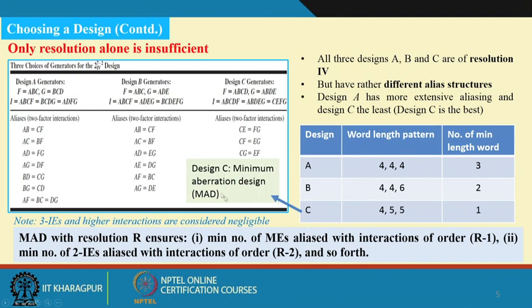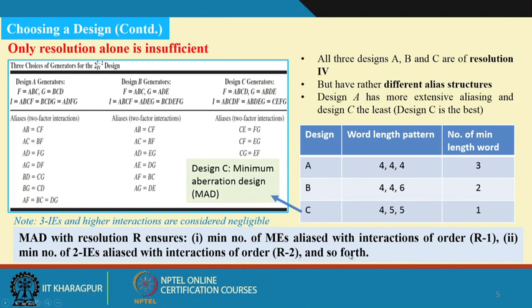Now the advantage of minimum aberration design is that a minimum aberration design with resolution R ensures a minimum number of main effects are aliased with interactions of order R minus 1, and a minimum number of 2nd order interaction effects are aliased with interactions of the order R minus 2 and so forth.